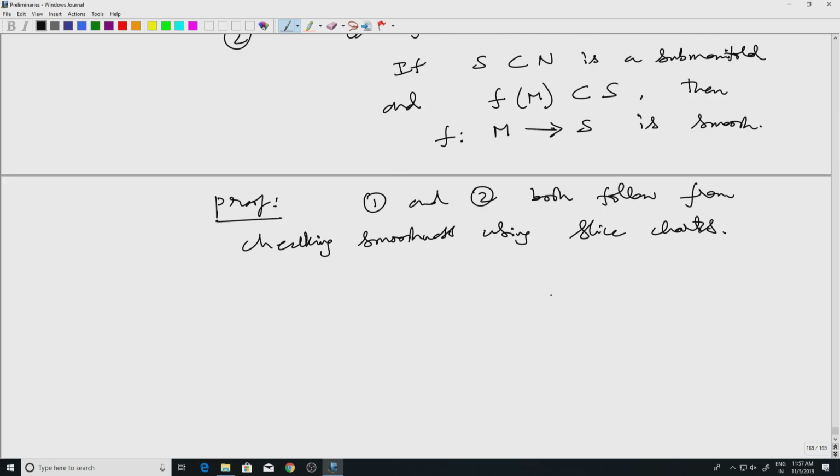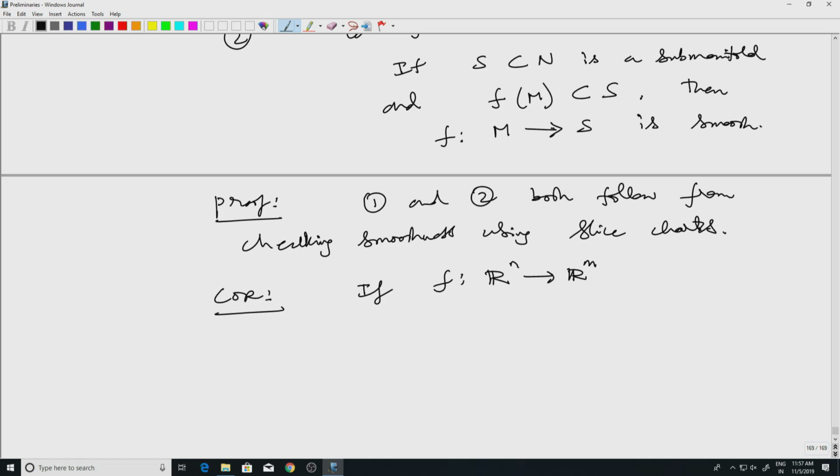So as a corollary, this is the case I had in mind. If f is a map from Rn to Rm, we know that smoothness is equivalent to the usual definition of smoothness that we had. And so one can check that f is smooth in an easy way.